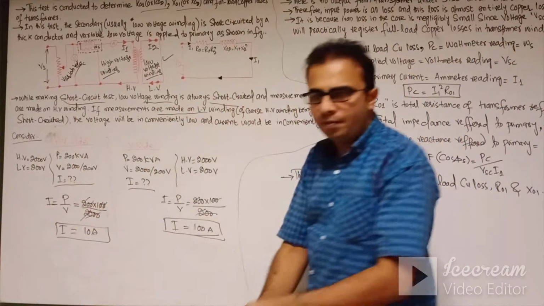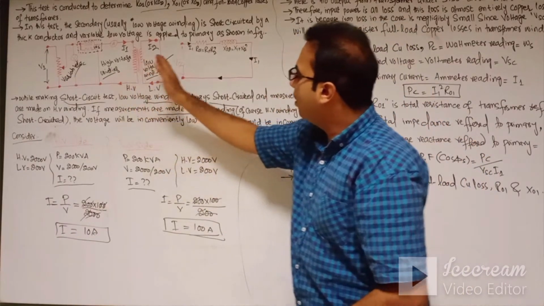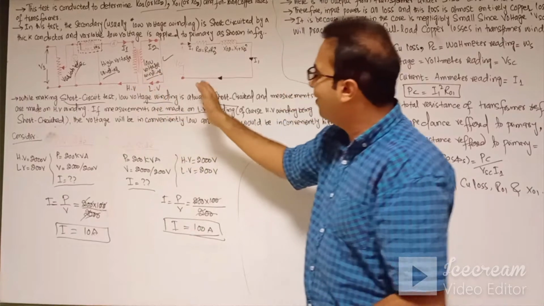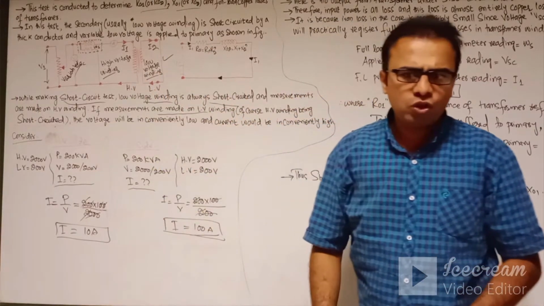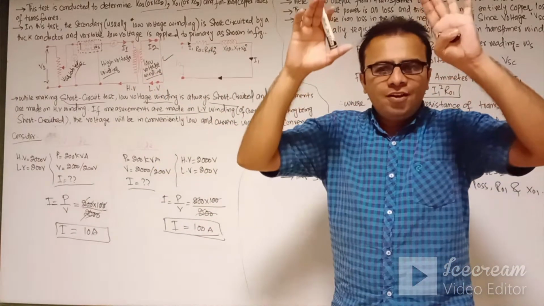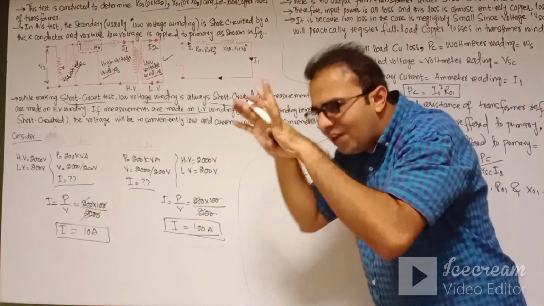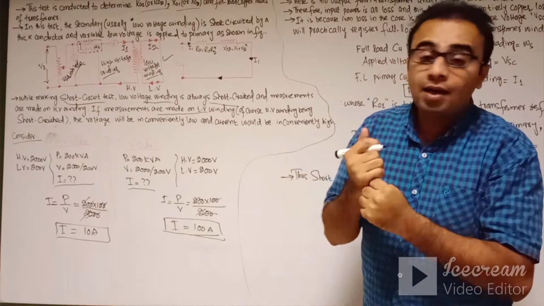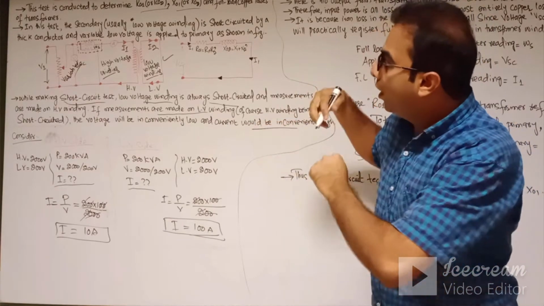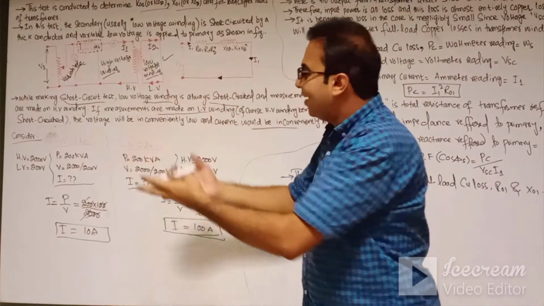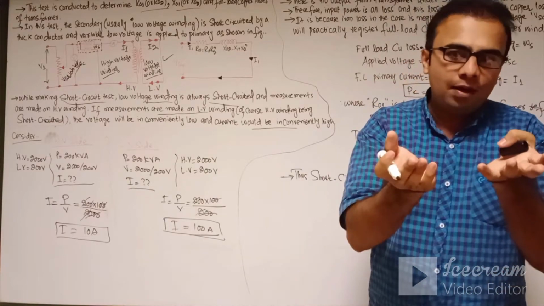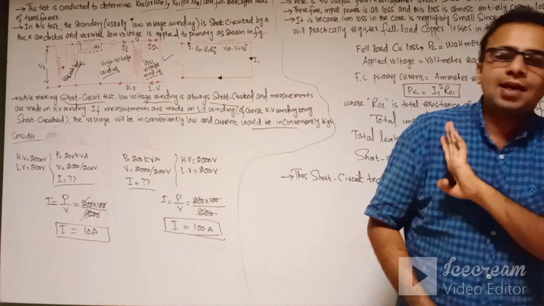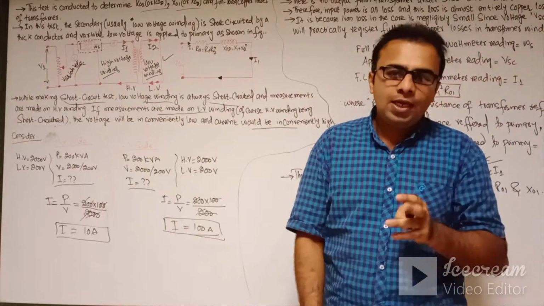If we connect all the metering instruments on the LV side and short circuit the HV side, the voltage is inconveniently low, and the current on the low voltage side will be inconveniently high, because according to the transformer relationship, voltage and current are inversely proportional to each other.